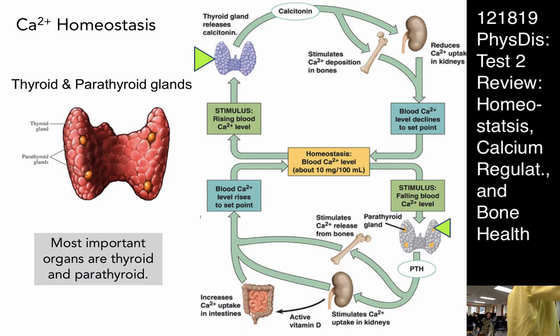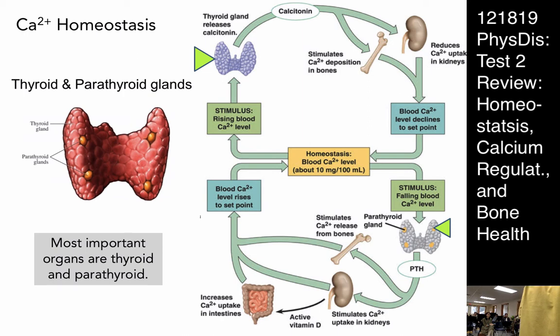All right, now say the calcium in the blood goes too low, it's going to stimulate the parathyroid gland, which releases the parathyroid hormone, makes the calcium come out of the bones, and then at the kidney, it makes the kidney resorb more of the calcium from the urine than it would normally.